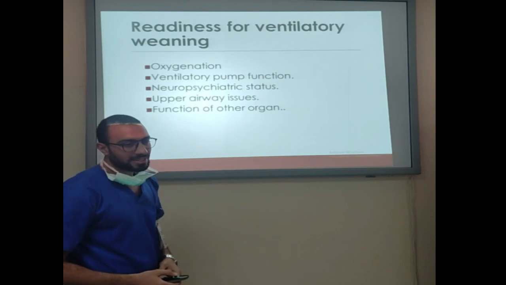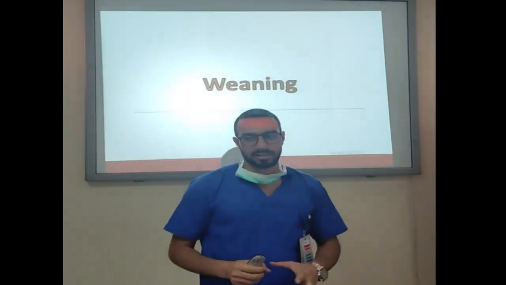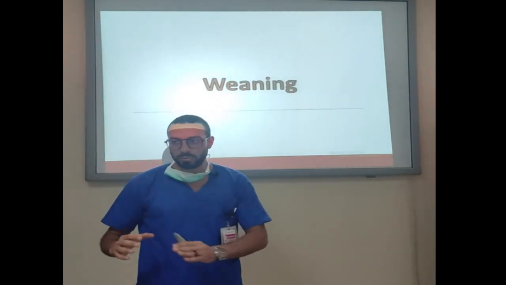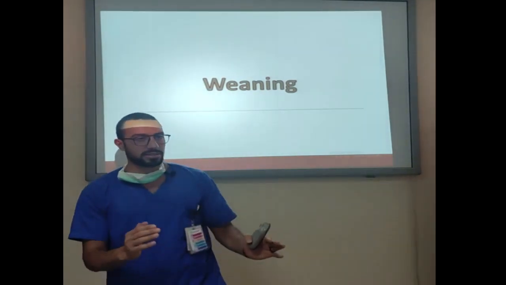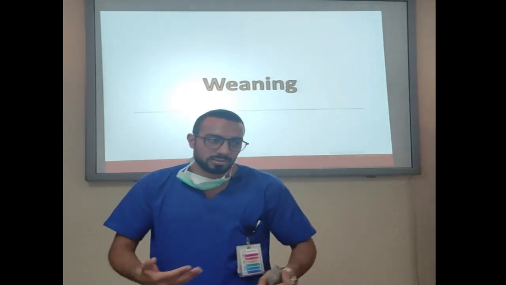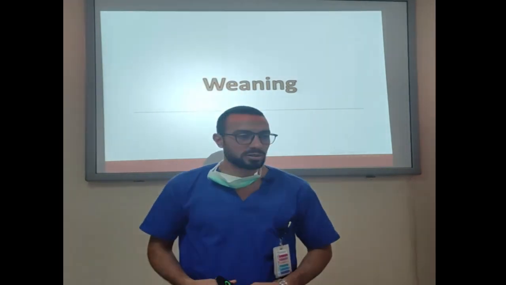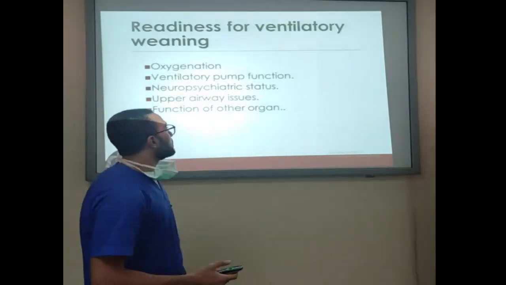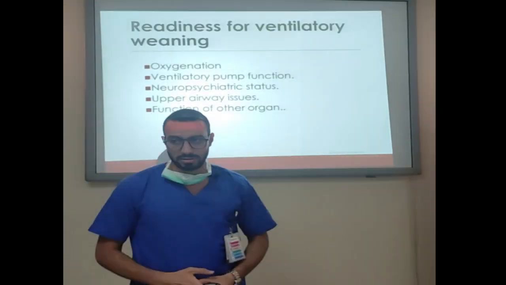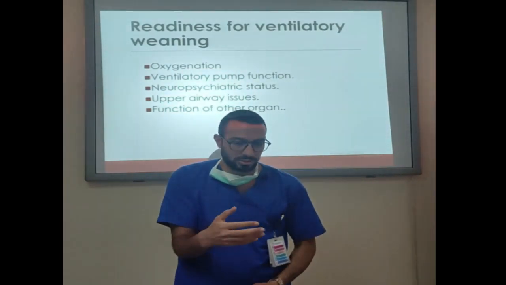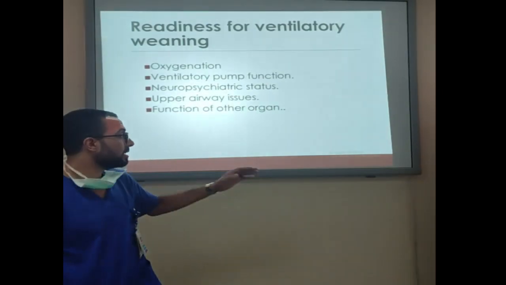Anyway, weaning. We have many criteria for weaning. If you will wean the patient, you should take care that the patient has some criteria that support weaning, to be sure that after weaning from the ventilator the patient can take his breath alone. First, oxygenation. We should guarantee that the patient has good gas exchange according to our ABG assessment.